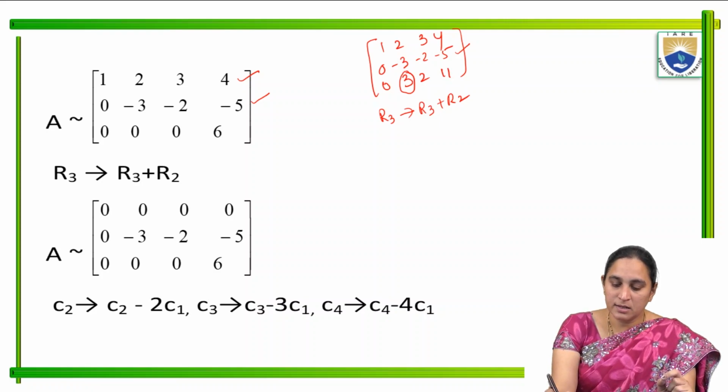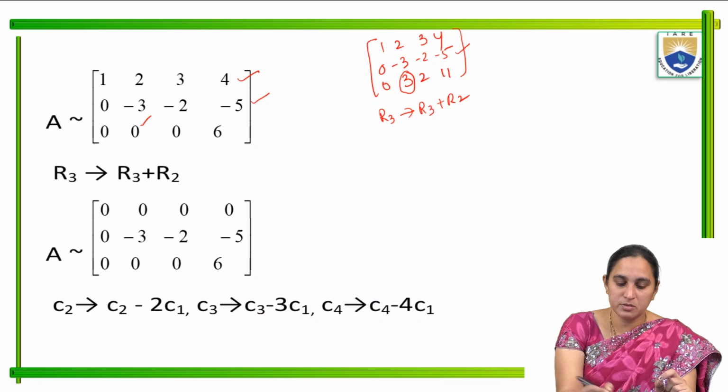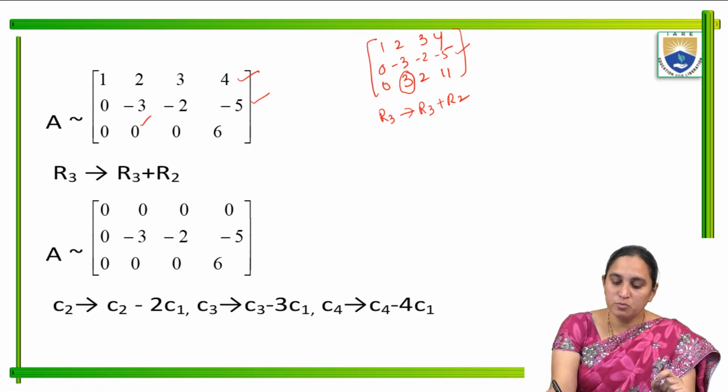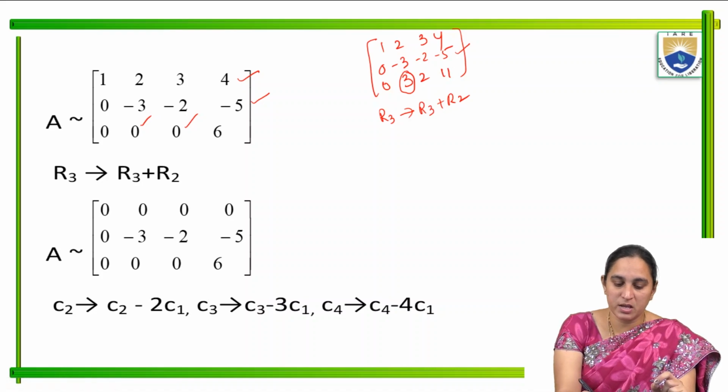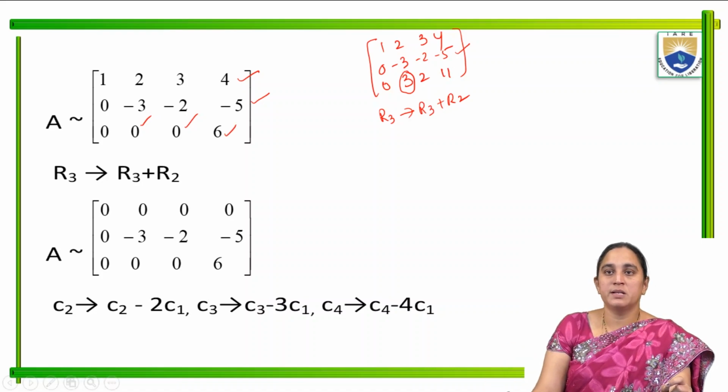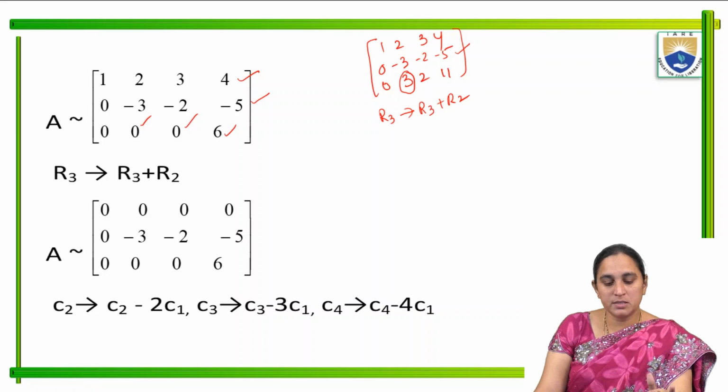That means R3 plus R2 means 3 minus 3, 0. Next, 2 minus 2 is 0. And next, 11 minus 5 as 6. Therefore, R3 has first element 0 and second element 0, and similarly third also 0. We get the fourth element as 6.